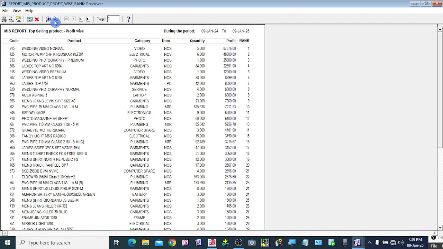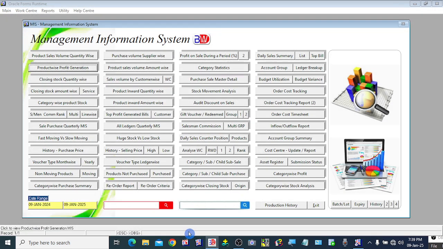This report is also very useful because we can very easily identify which product is giving us more profit. Similarly, on an everyday or daily basis, a number of walking customers or counter customers will be coming into your store.